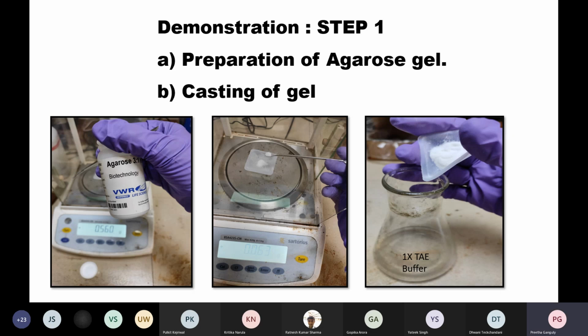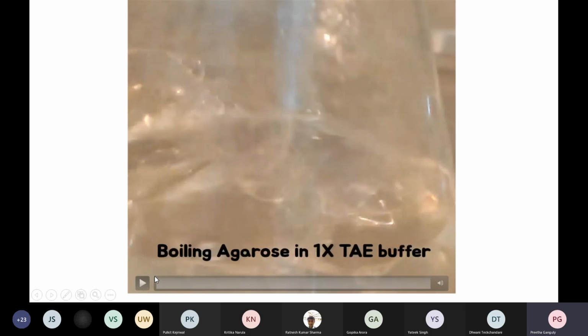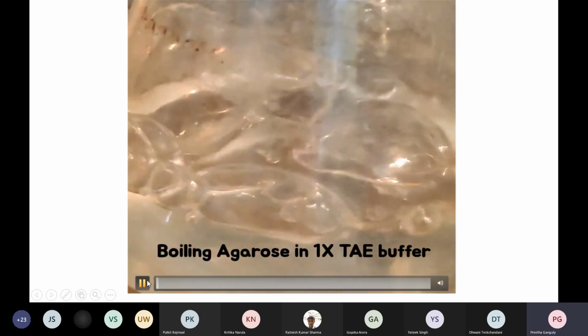So here, the first step is given, preparation of agarose gel and casting of gel. As you can see in this picture, agarose is a white color powder. We add this agarose about 0.8%, as I have already mentioned, in 1x TAE buffer. Now we will see how the next steps take place.